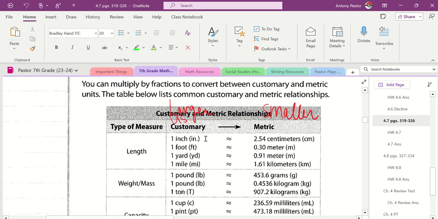An inch is a bigger measurement. Even though 1 inch equals 2.54 of something, an inch is a larger measurement than centimeters. So when we're converting from our U.S. customary to a metric system, the metric is going to be a smaller unit, but could also be a larger number.